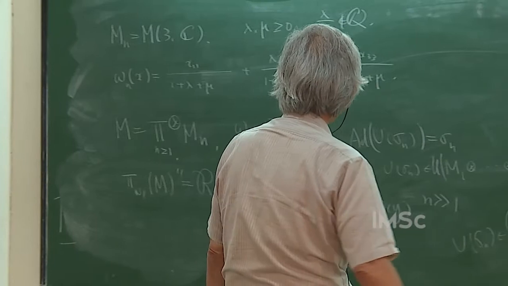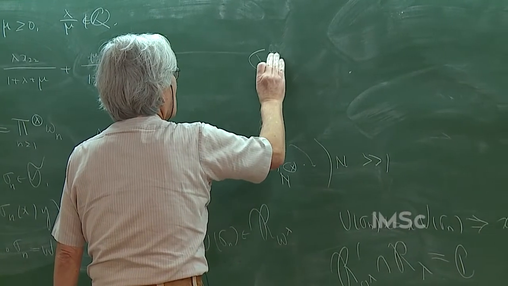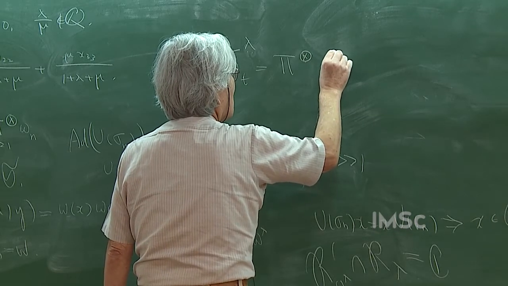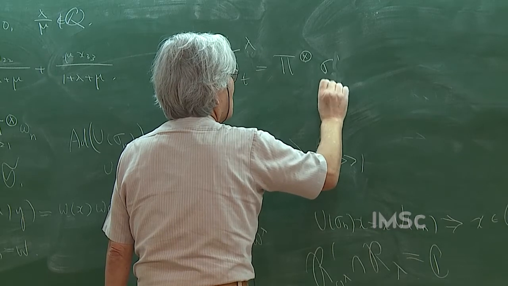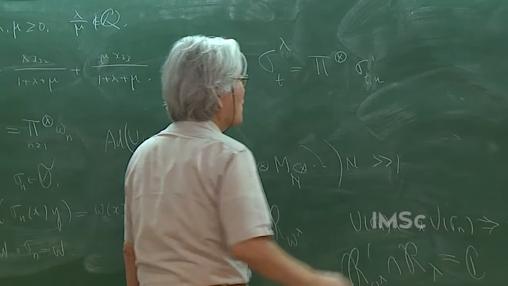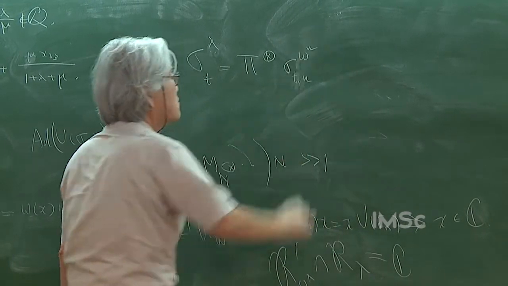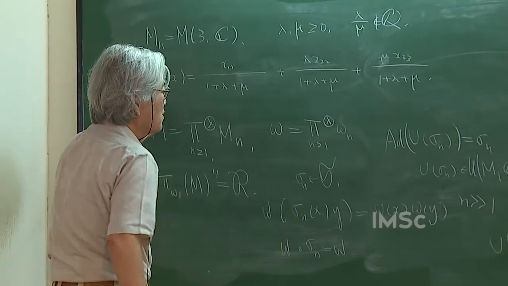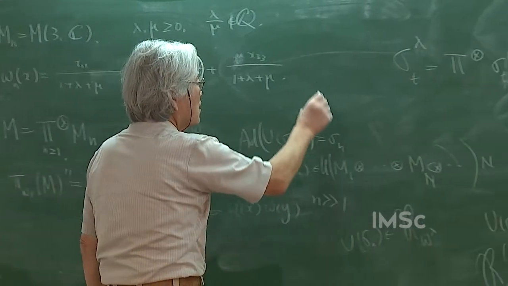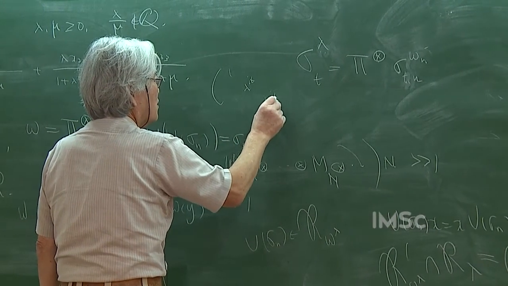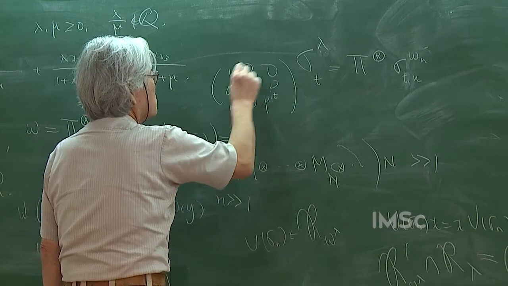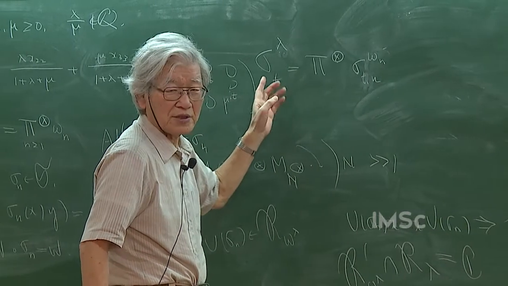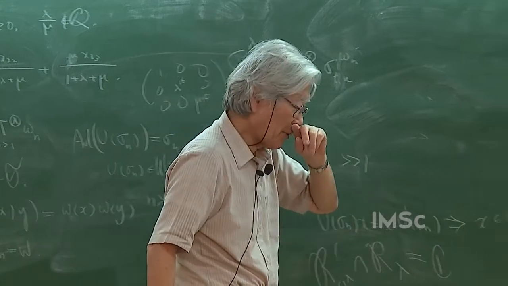Now if you look at the sigma omega lambda of t, it is the product of each sigma_t^n, not times omega_n, which is given by 1, lambda^it, mu^it. That generates each modular automorphism, and the tensoring of these is the modular automorphism of omega_lambda.